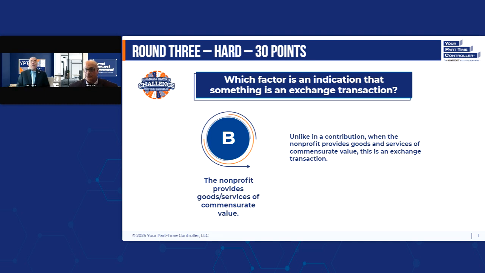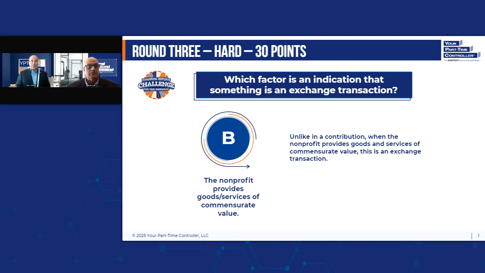The resource provider is receiving something in exchange for the payment. Now, sometimes we're not directly giving the resource provider something in exchange, but when we're giving society as a whole, that lends itself to a contribution.